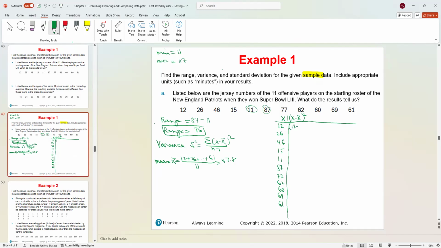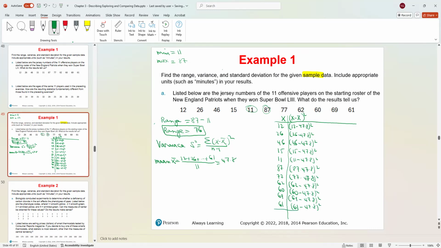What we mean is, you're going to do 12 minus 47.8, raised to power 2. 26 minus 47.8, raised to power 2. 46 minus 47.8 squared. 15 minus 47.8 squared. 11 minus 47.8 squared. 87 minus 47.8 squared. 77 minus 47.8 squared. 62 minus 47.8 squared. 60 minus 47.8 squared. 69 minus 47.8 squared. 61 minus 47.8 squared.